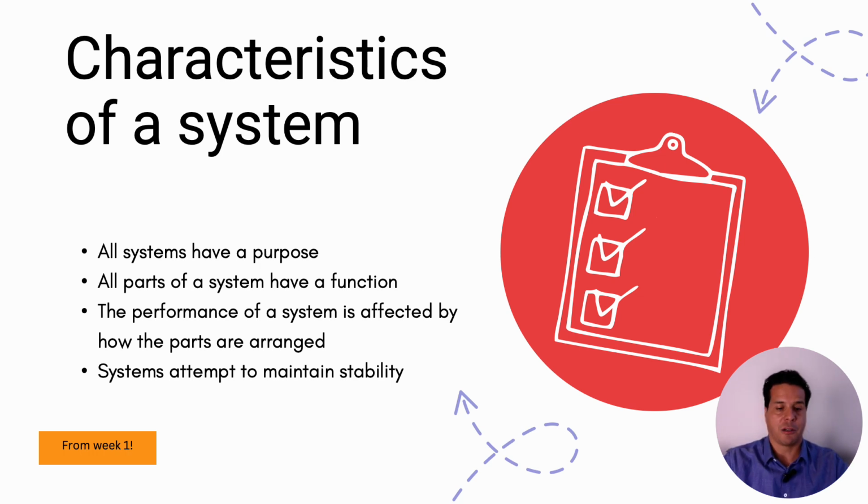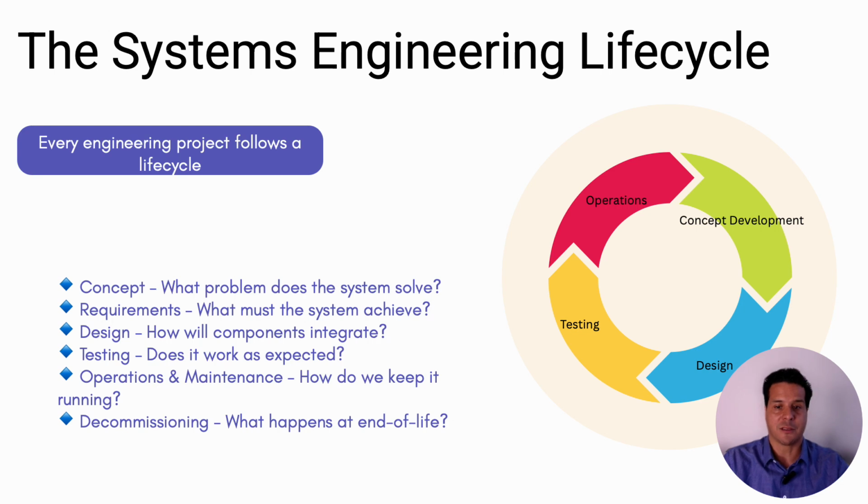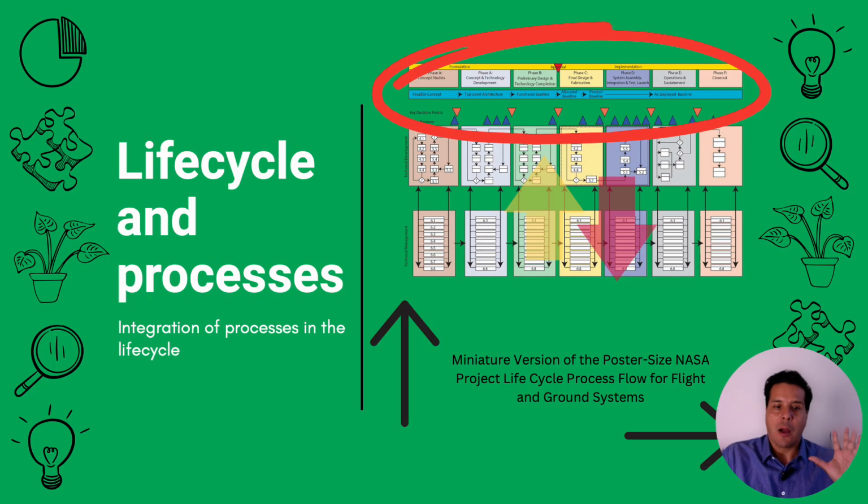Taking into consideration all these characteristics of a system and the system life cycle, I want you to start thinking that every time I do a process for design, for management, or for deployment, I have a mini life cycle.